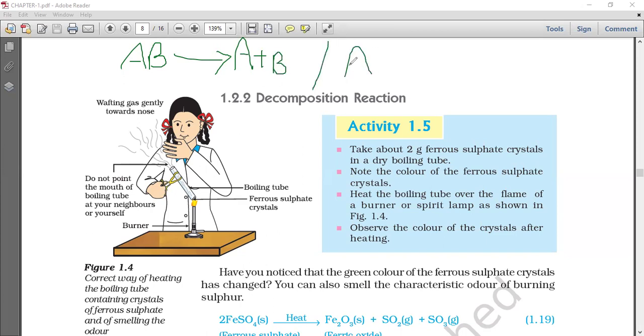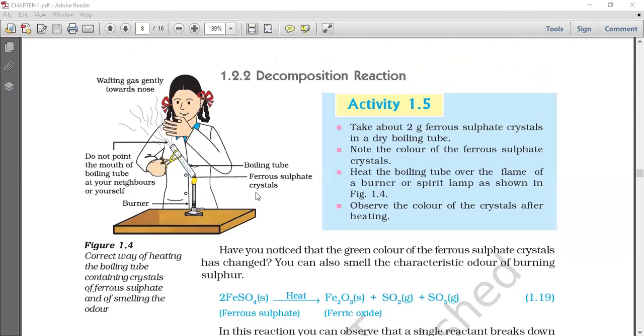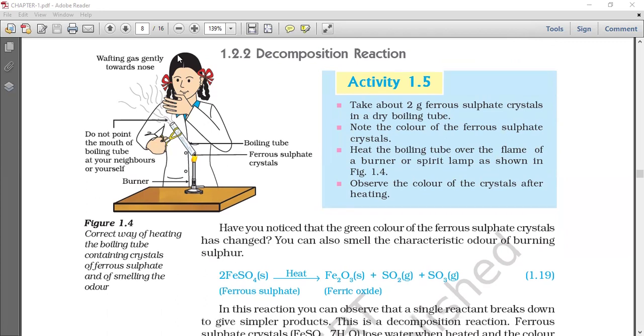If ABC is a product, it can also be divided into three simple substances, A plus B plus C. This is a hint for decomposition reaction. Okay, so for this activity a video has already been made, and you may check in the description. So what are we going to do in this activity?